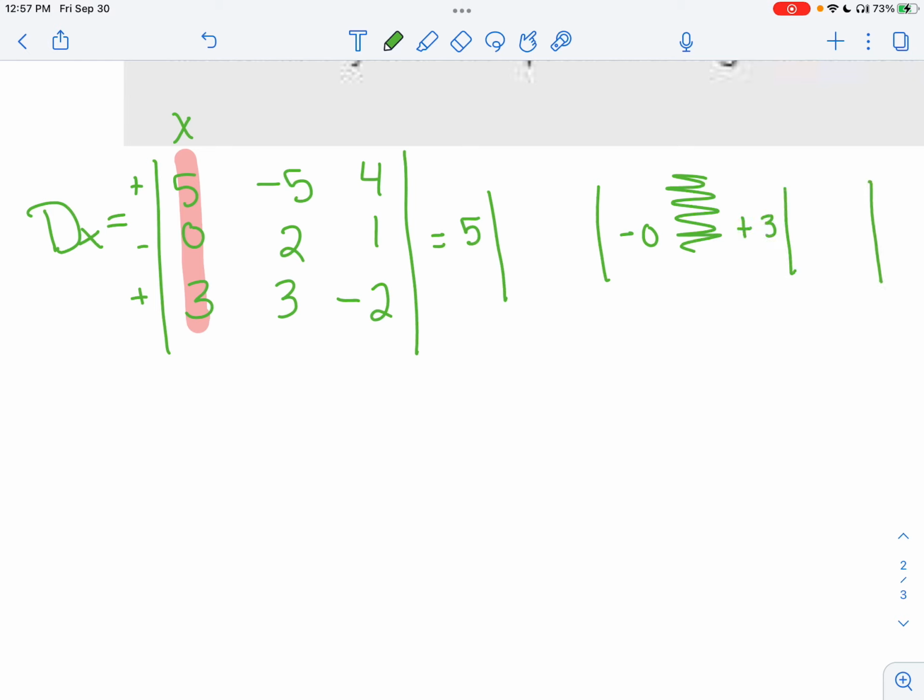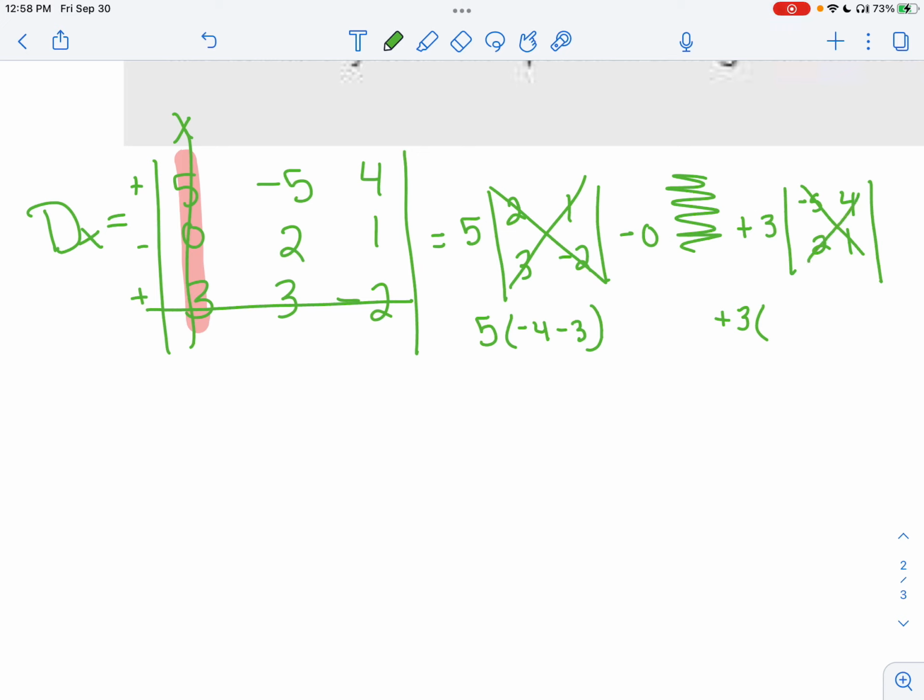Okay, here we go. So if I do the 5, 2, 1, 3, -2. And if I do the 3, get rid of that, boom, boom. I'll have -5 and 4, 2 and 1. That's 5 times -4, take away 3, plus 3 times -5, take away 8.